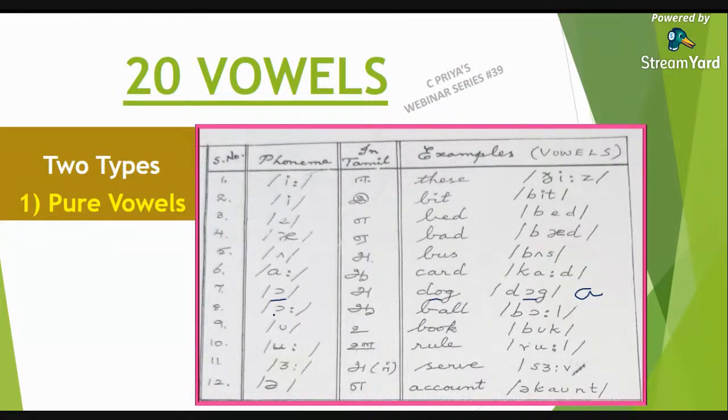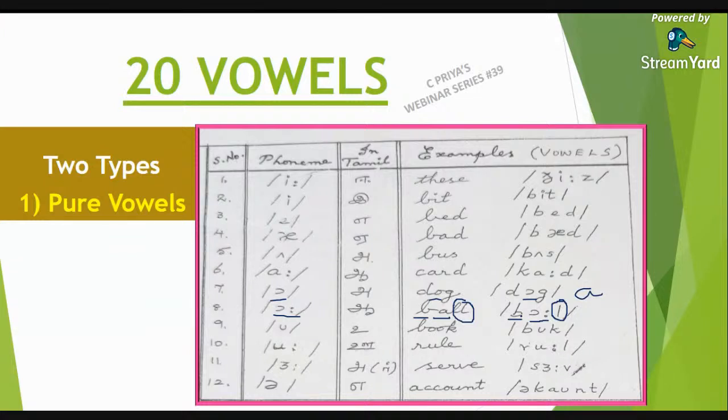Then the eighth is A sound. Ball. Ball. This A produces R sound. So only for these two L's, we have only one L in the English dictionary. For this A, we have this symbol, and for B, we have B, right?